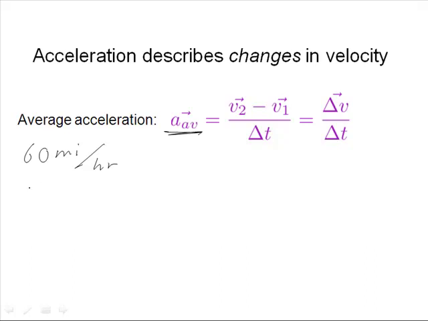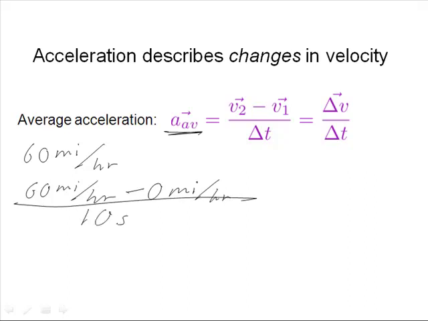So the acceleration of my car would be 60 miles per hour minus 0 miles per hour divided by 10 seconds. And that would give me 6 miles per hour per second.